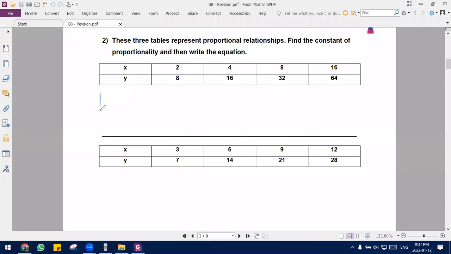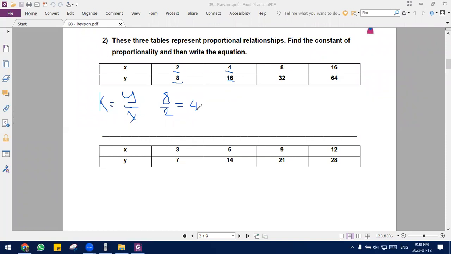So you write that k is equal to y over x, which is equal to 8 over 2, which is 4. So I divided y over x, 8 over 2. The constant is 4. If you check the other values, 16 over 4 is equal to 4, and all of them, because it's already mentioned that the data is proportional.